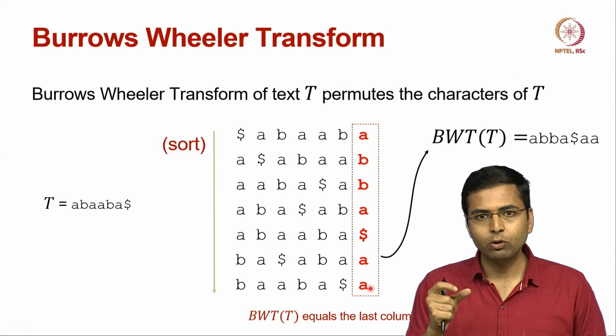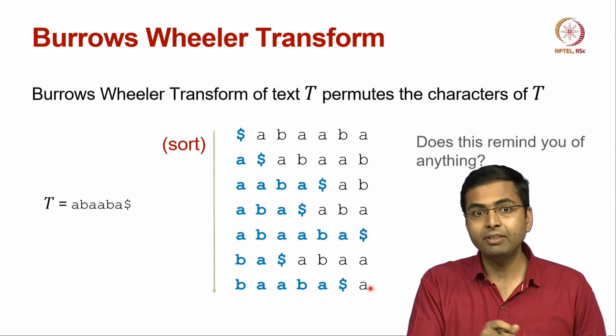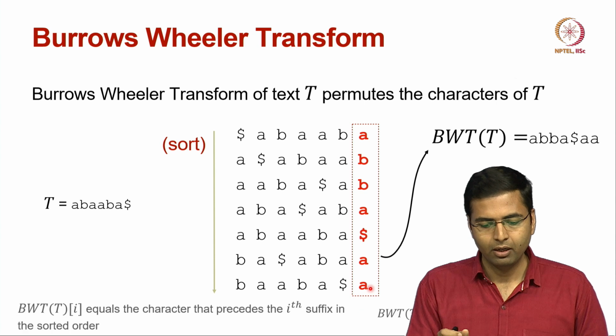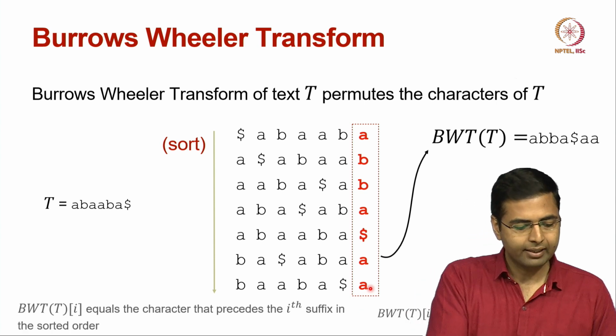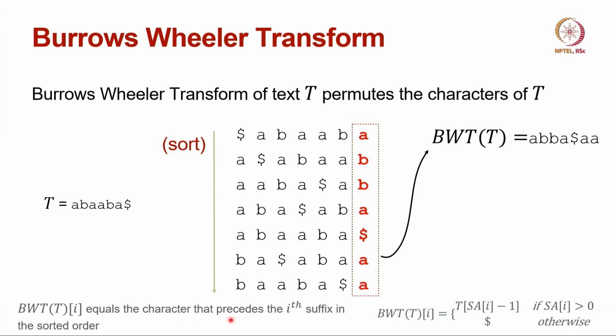We can also define Burrows-Wheeler transform in terms of suffix array, because we see there is a connection with suffix arrays as well. Observe that the ith character of Burrows-Wheeler transform equals the character that precedes the ith suffix in the sorted order.